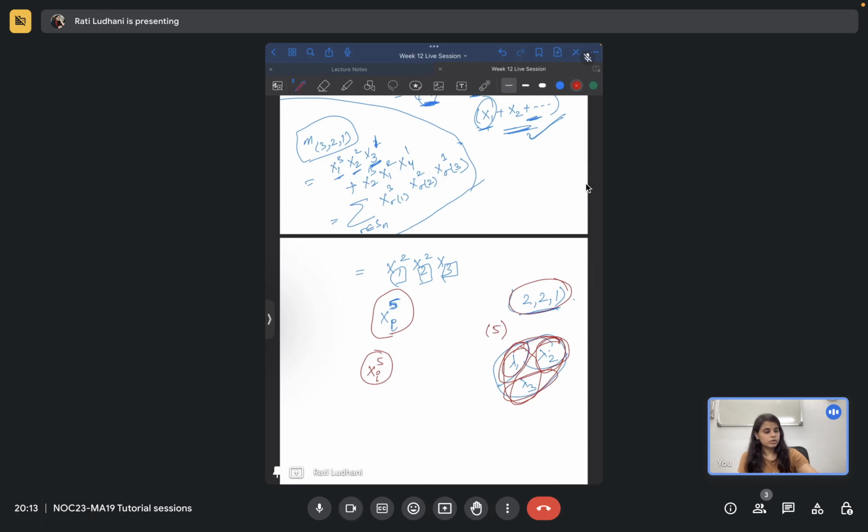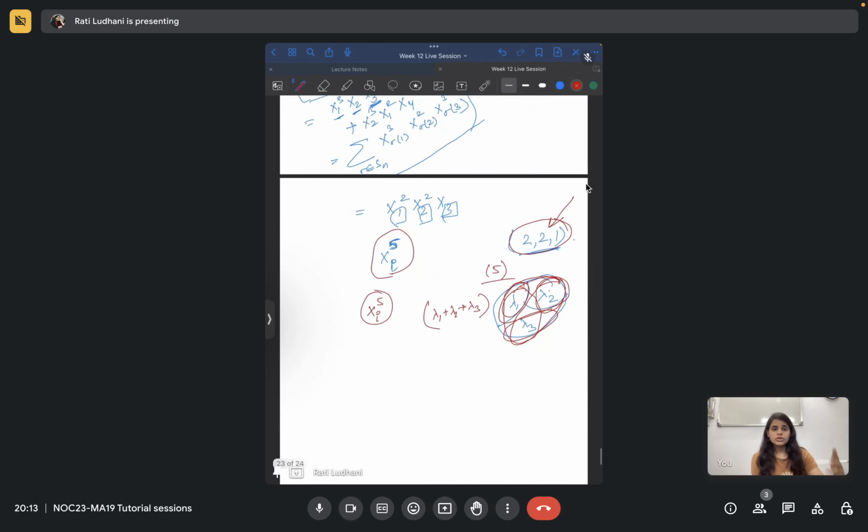Lambda 1, lambda 2, and lambda 3 came to the same block. Whatever you have as the major one, you cannot expand it, you cannot have 1 1 1 1 1. But you can have the clubbing. So you can have 4 comma 1, or 2 comma 3. You are allowed to have the additions, two numbers in the same block.